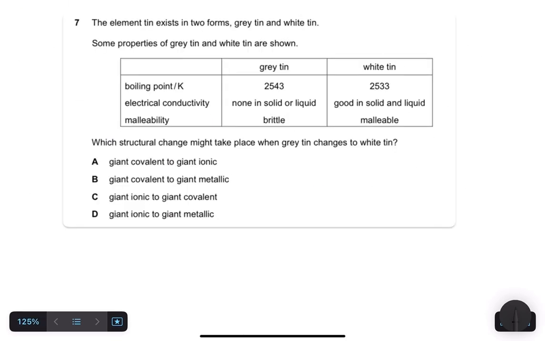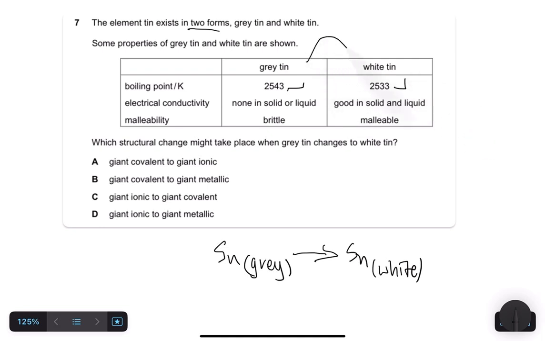Question 7. The element tin exists in 2 forms: gray tin and white tin. Some properties of gray tin and white tin are shown. Which structural change might take place when gray tin changes to white tin? So gray tin has a high melting point, and also white tin has a high melting point. So therefore, these two both have giant structure.